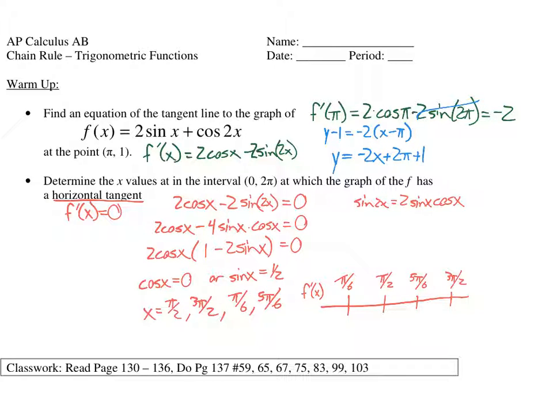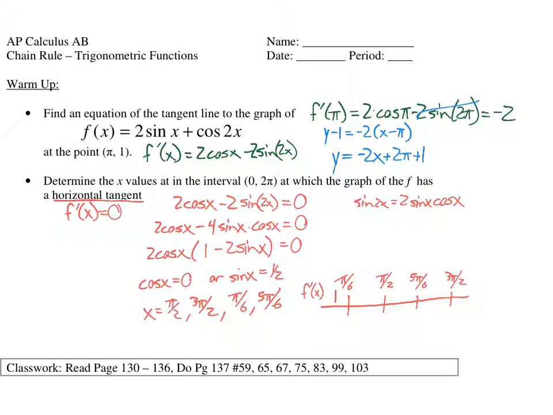Okay, so let's see, 2 cosine pi divided by 12 minus 2 times the sine of 2 times pi over 12, which is pi divided by 6. And that ends up being a positive 0.93185.